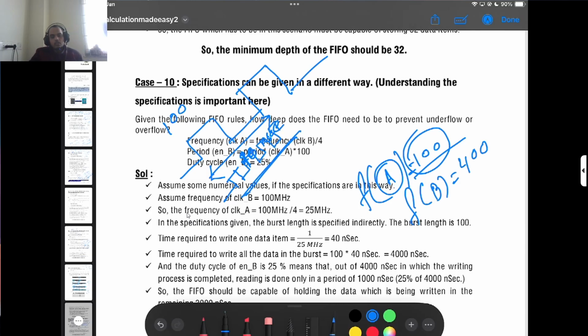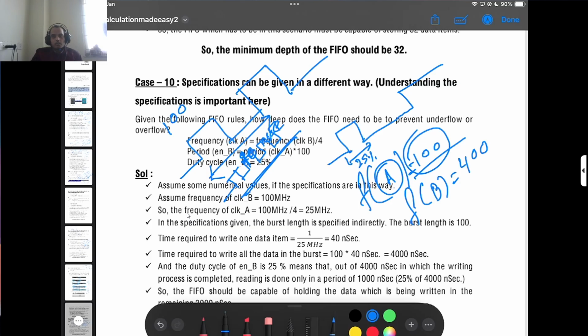And what it also says is the duty cycle of enable B is 25%. So with a 25% duty cycle, there are a lot of conditions in here.